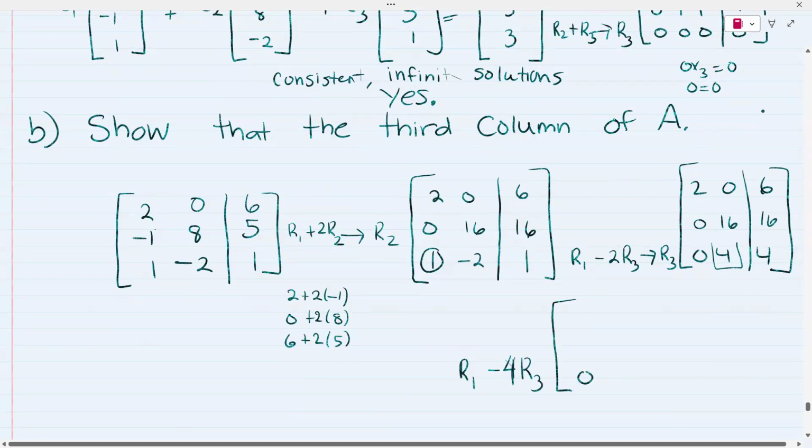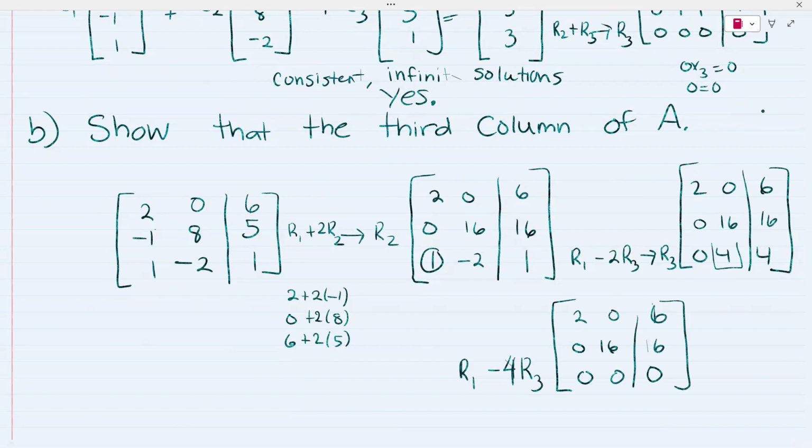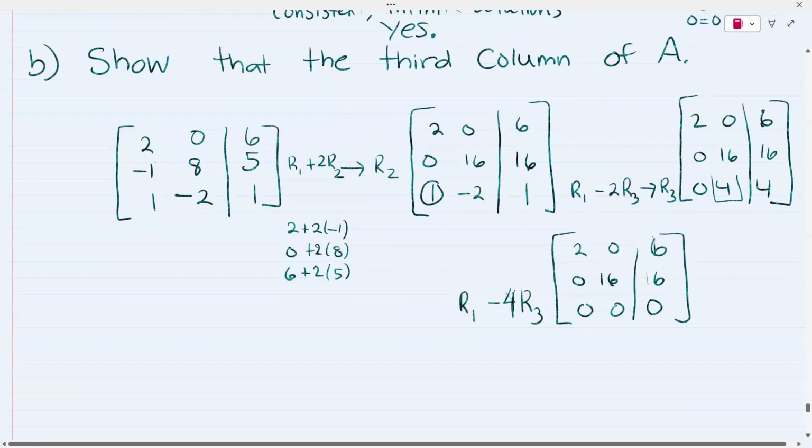So this would be 0, this would be 0, and this would also be 0. And then this is 0, 16, 16, and this would be 2, 0, 6. Now you could stop here. The reason you could stop here is because this statement is true: 0 does equal 0. So it's still yes, it's still consistent.